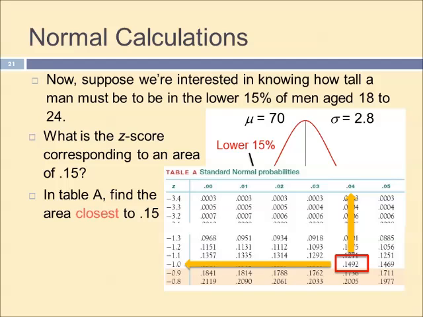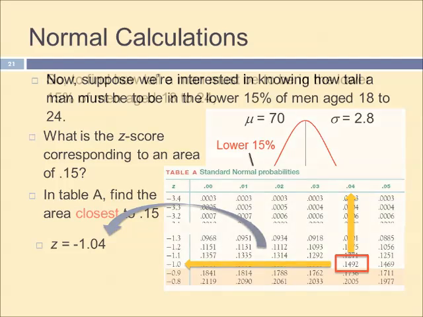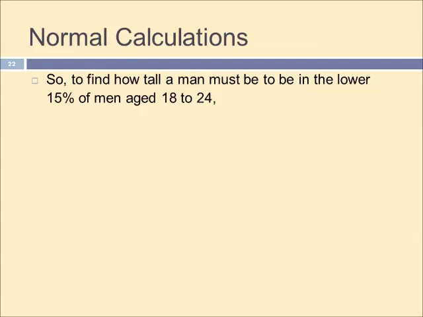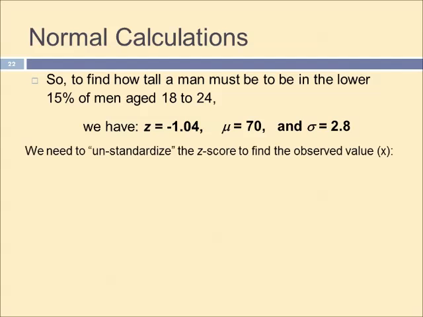So from the table we find the z-score is minus 1.04. So to find out how tall a man must be, we have a z-score of minus 1.04, a mean of 70, and a standard deviation of 2.8.